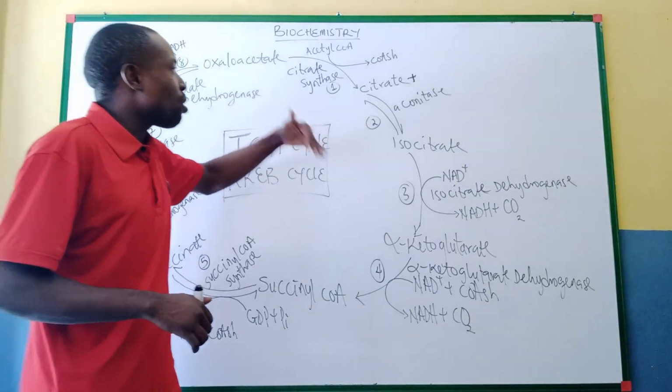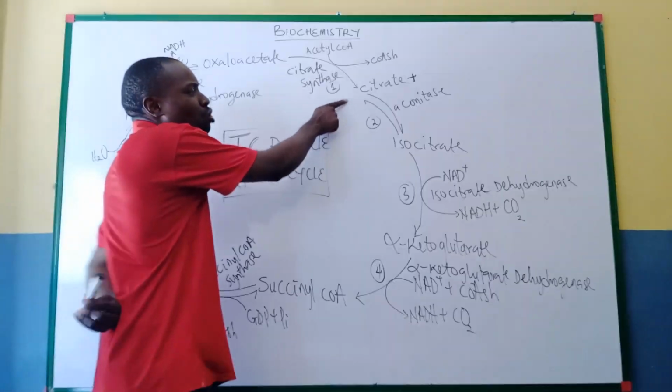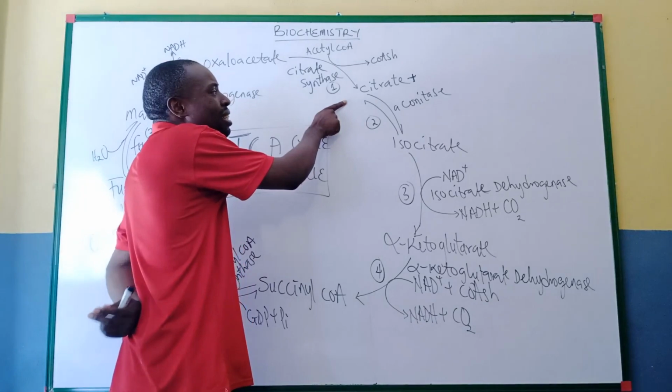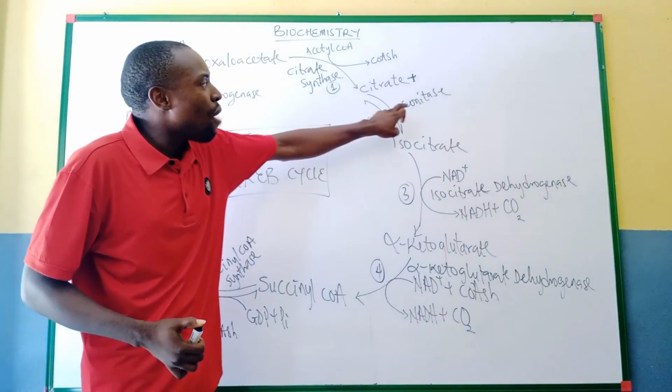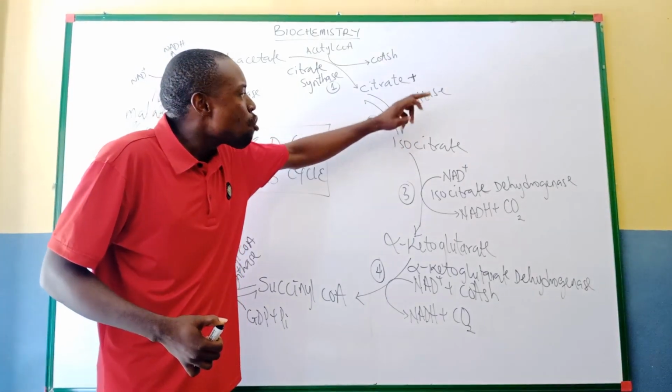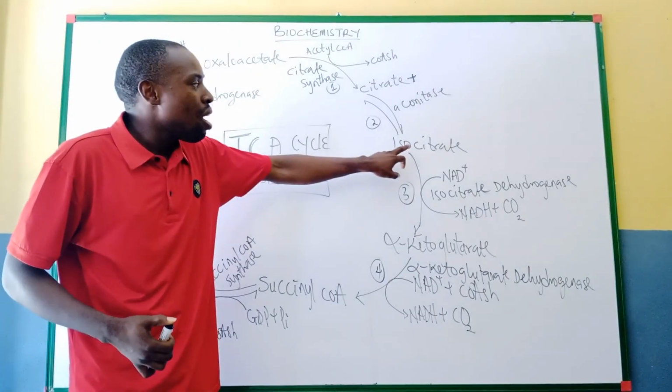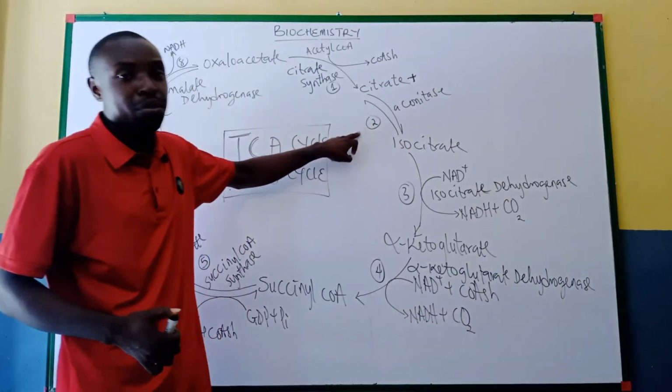Now we move straight away. This citrate, in the presence of the enzyme aconitase, will produce what we call isocitrate in step 2.